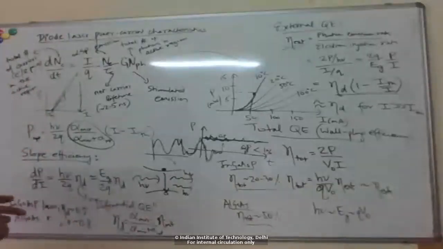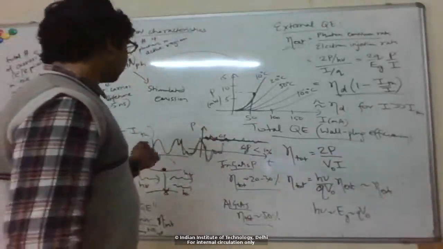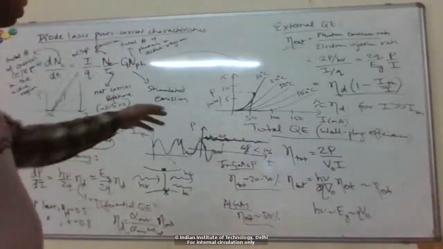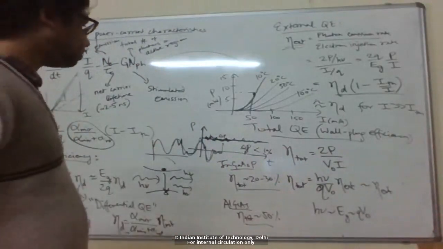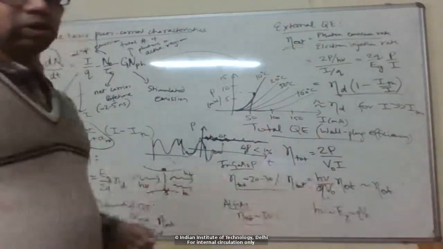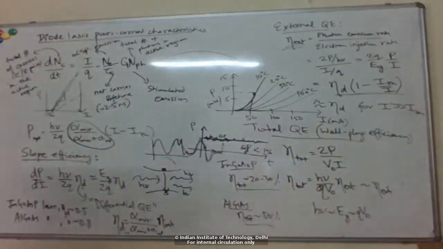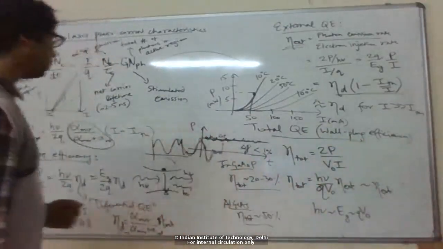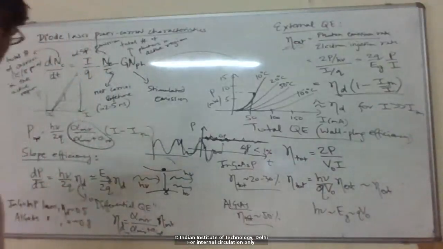We'll discuss this maybe in the next class: what the relevant noise mechanisms for the laser are and how they affect the application I want to use it for, especially in this case telecommunication. This is known as the relative intensity noise of the laser, and this is phase noise.